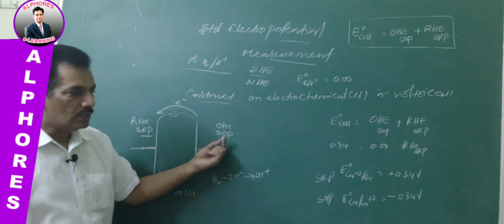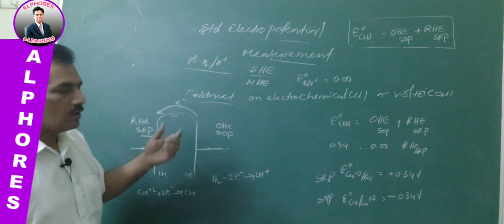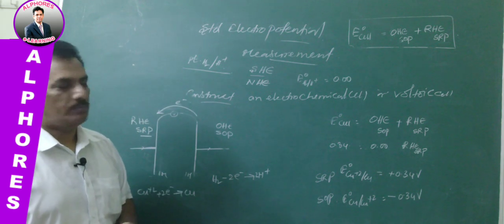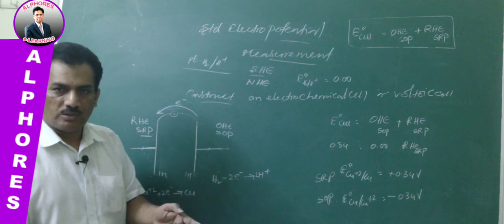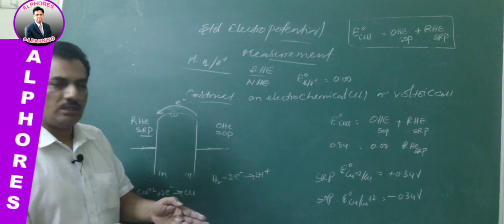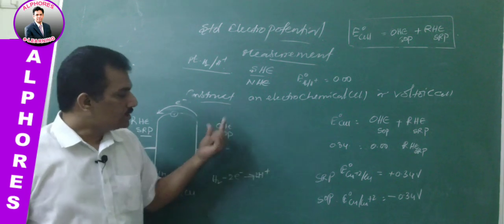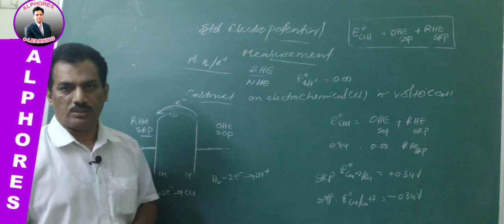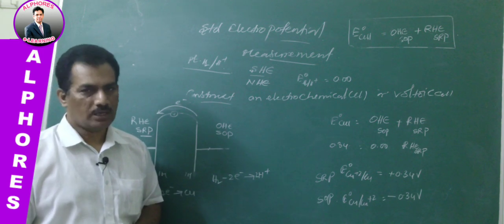And one more thing: here we came to know about the voltmeter reading and construction of the voltaic cell. But if two electrodes are given with their SRP or SOP values, how do we work out which is going to behave as OHE and which is going to behave as RHE? All these details we will cover in the next session. Okay, clear?